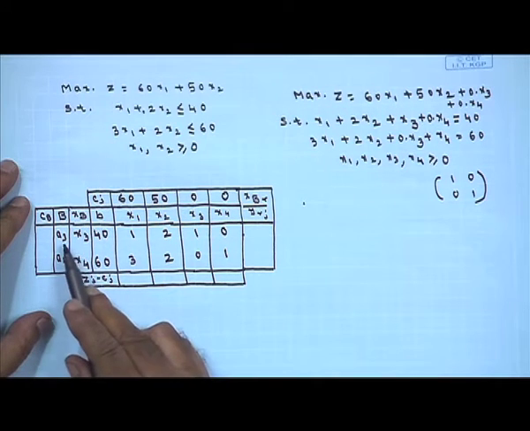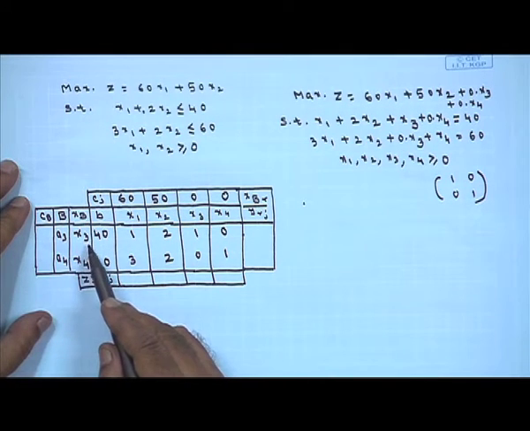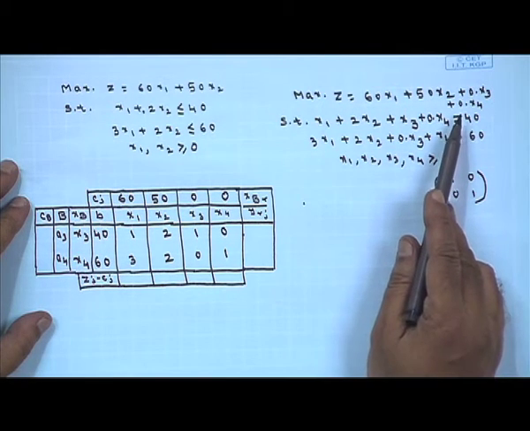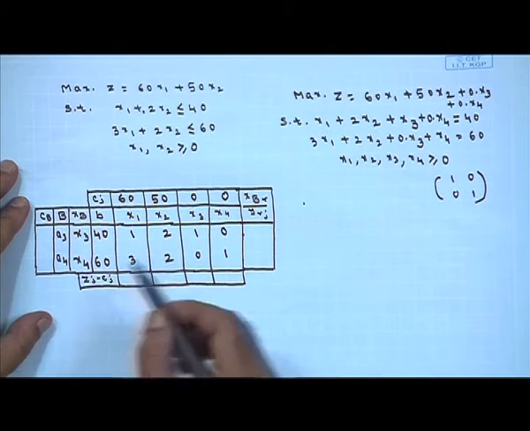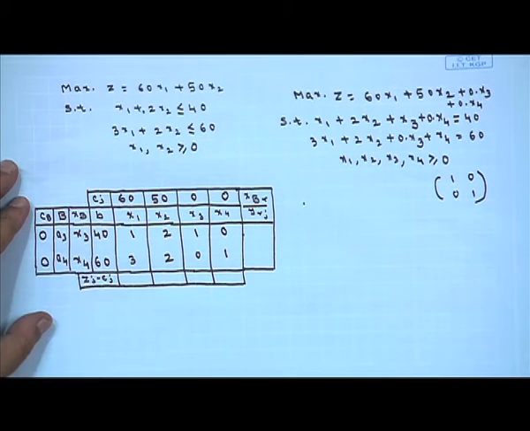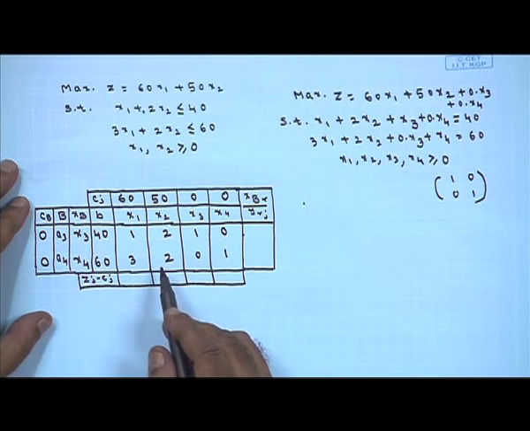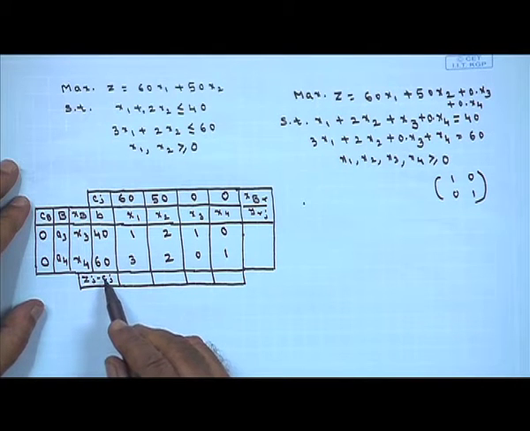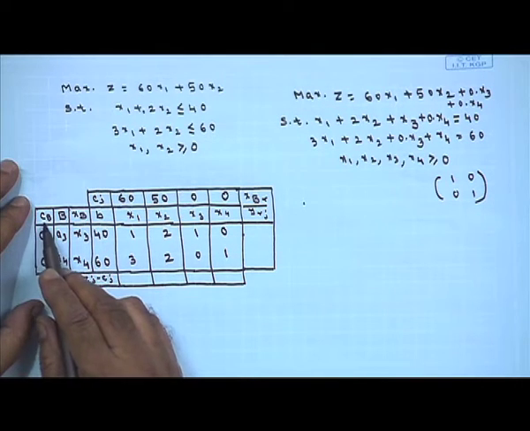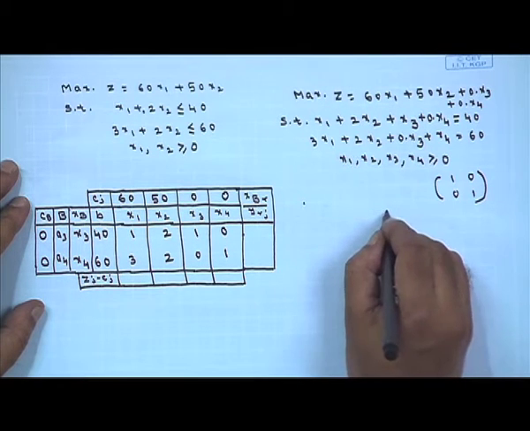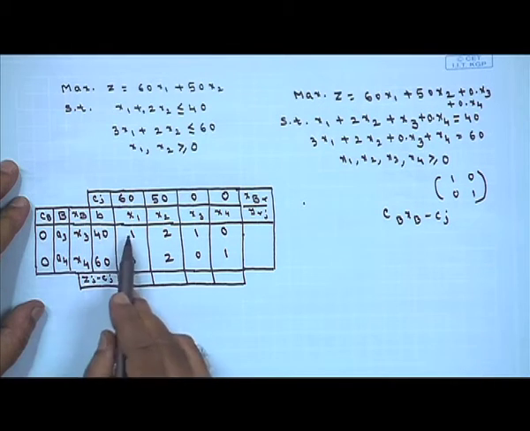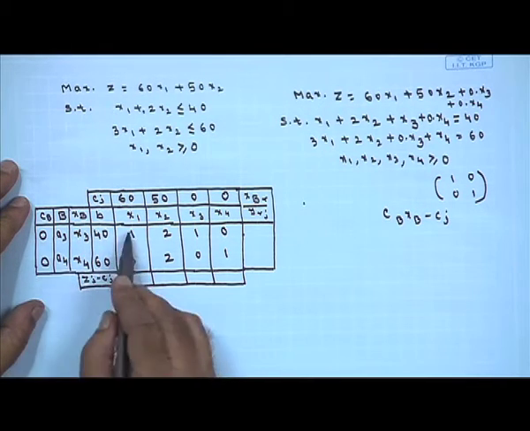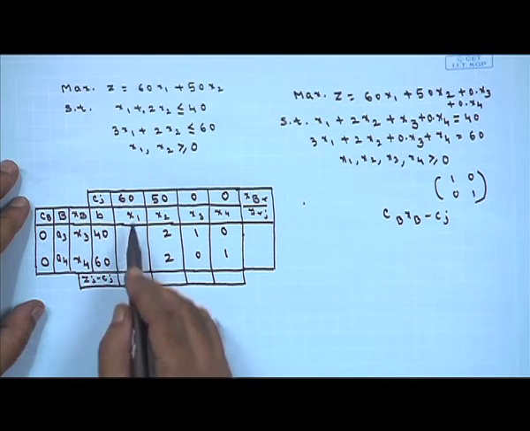For C_B, what is C_B? C_B is the coefficient of x3 and x4 in the cost function, that is this 0 and 0. Now, you have to calculate the value of zj minus cj. zj minus cj is C_B X_B minus cj, that is this into this: 0 into 1 plus 0 into 3 minus 60.